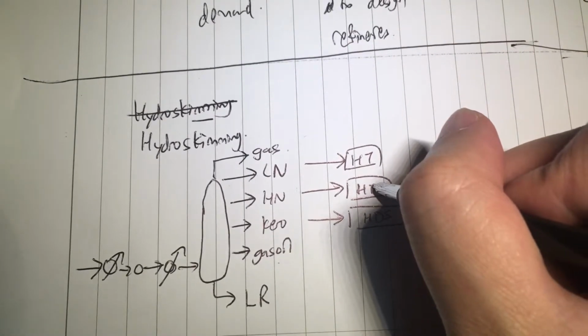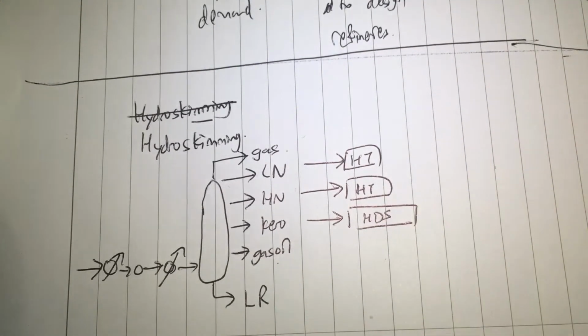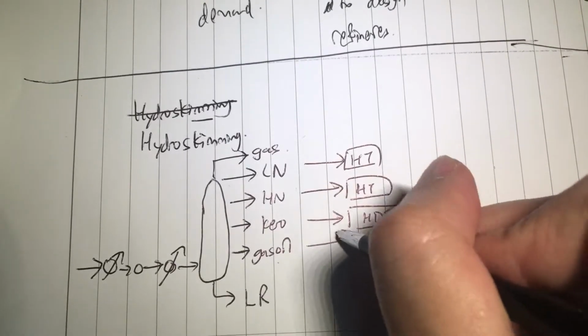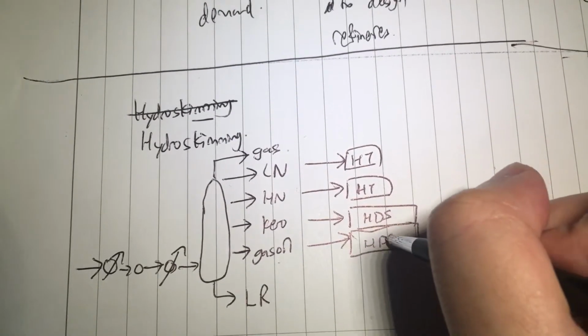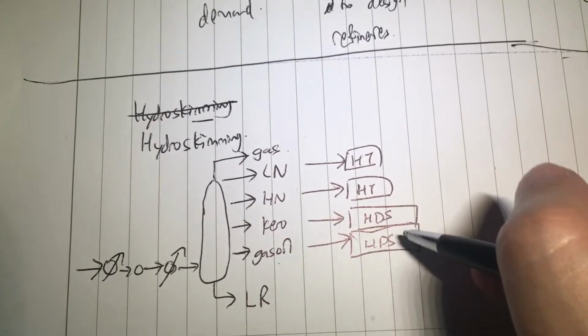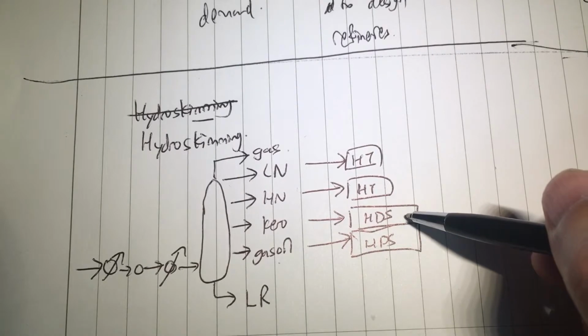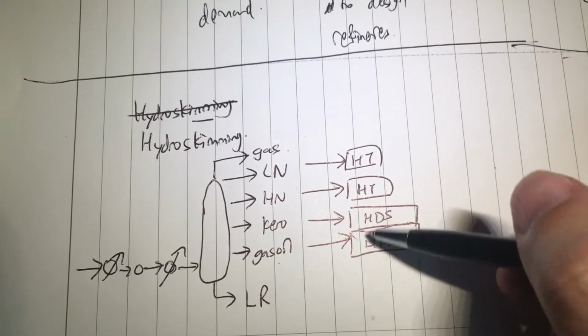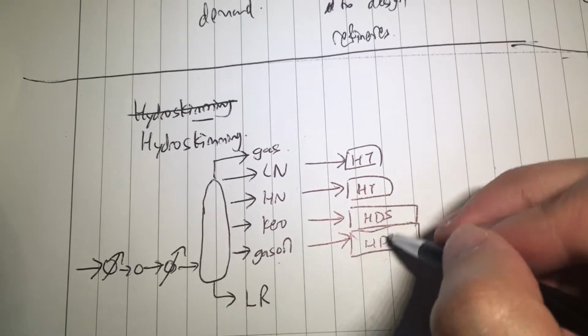When people write hydrotreater, it's a more generic name. Gas oil, you can send it for an HDS as well. And usually when people talk about distillate hydrotreating or distillate hydrodesulfurizer, it commonly refers to these two.